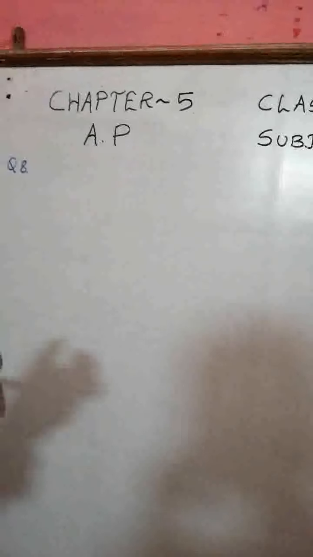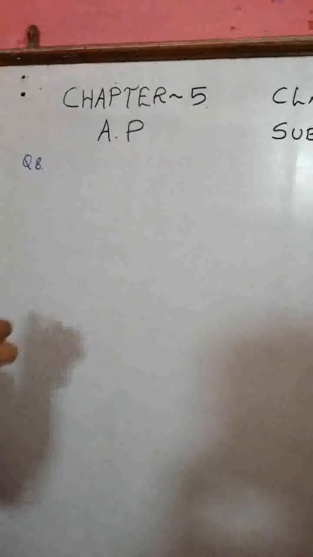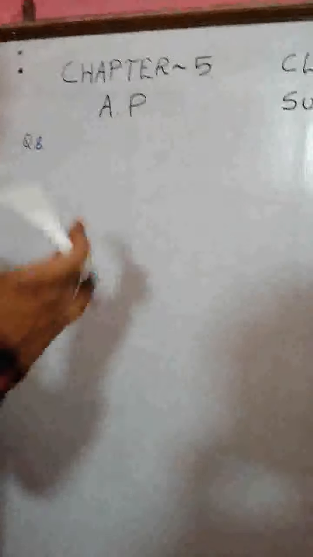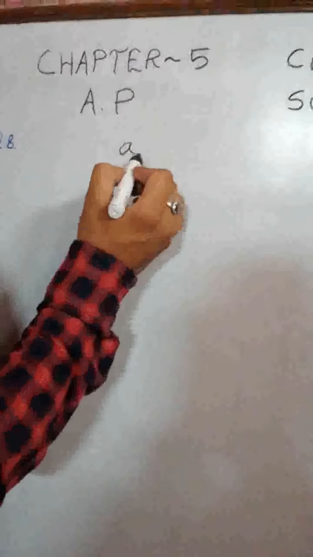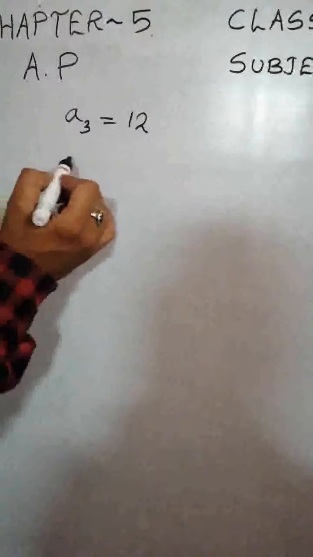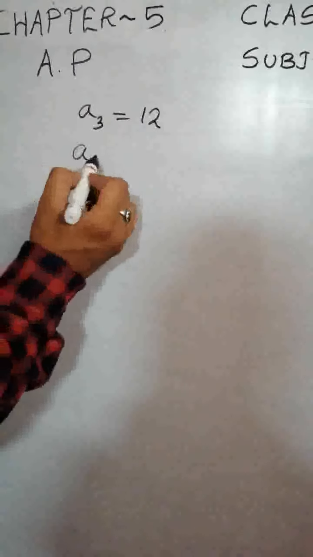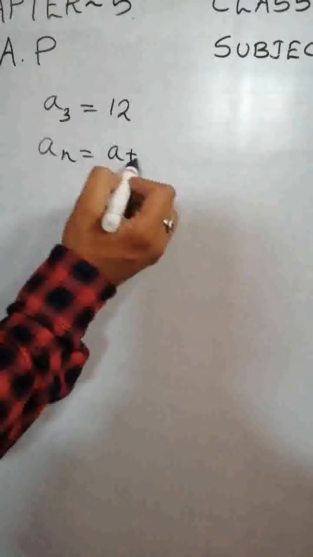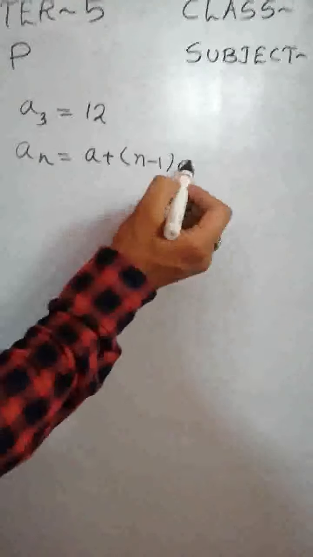What we will do in this question: the third term of the AP is given as 12. We know this formula, a_n is equal to a plus (n minus 1)d.